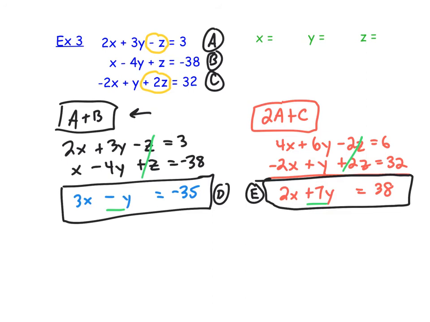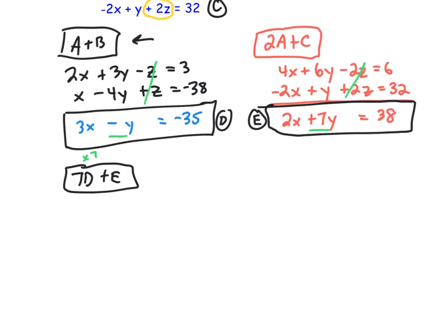If I multiply this by 7, then I'll have negative 7y and positive 7y, and the y's will cancel out. So my next thing is I'm going to do 7D plus E, and that should cancel out one more unknown.